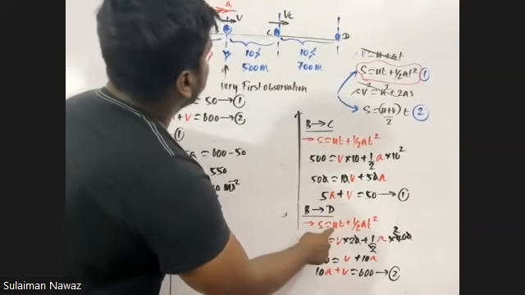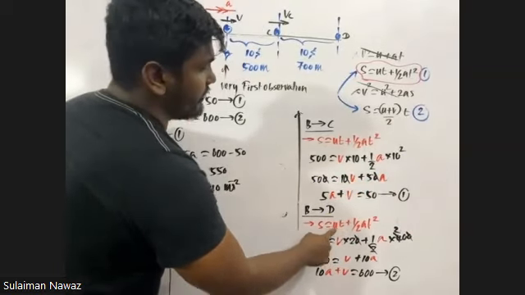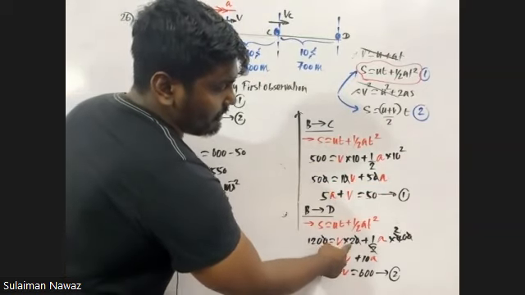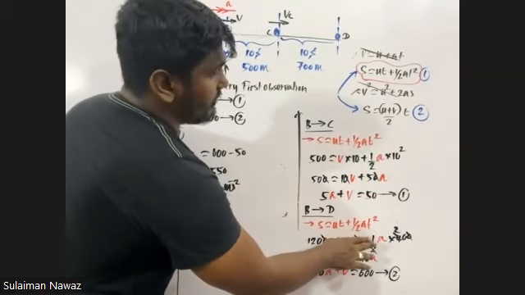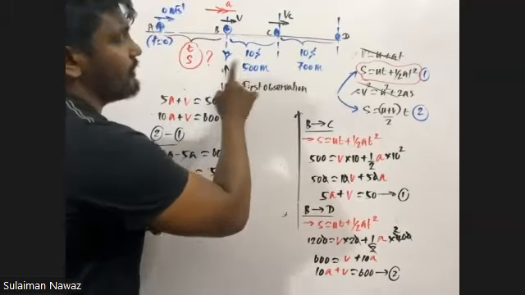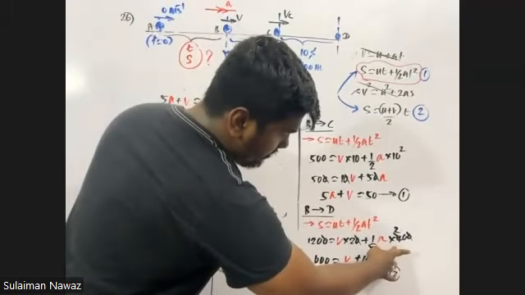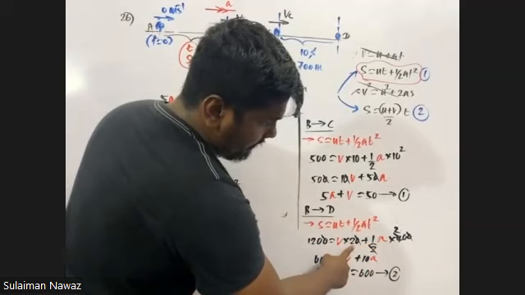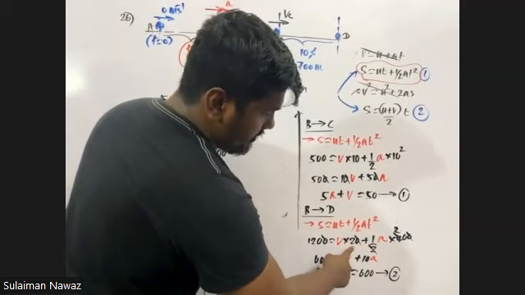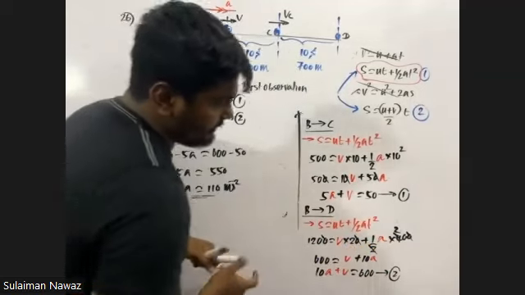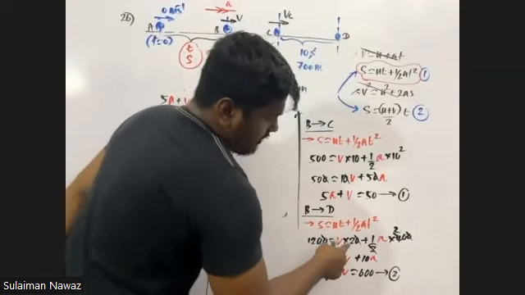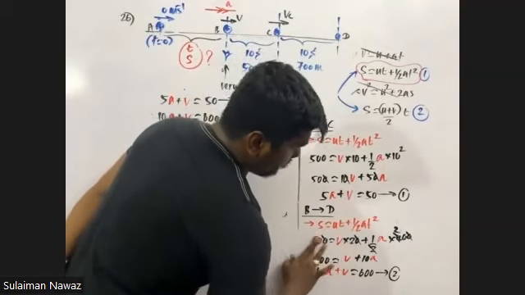1200. My u is V, time is 20, so 20V, plus half A times 20 squared, 400.